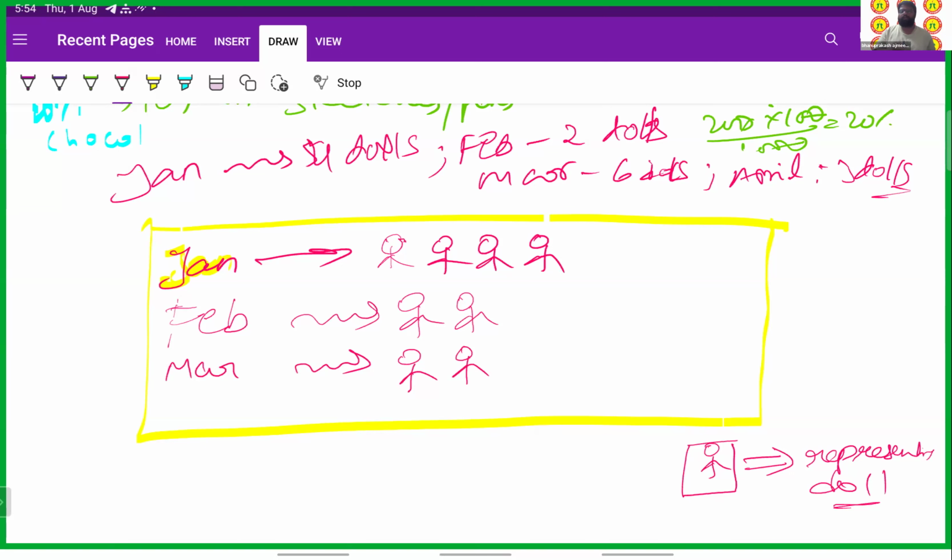In February, he got 40 rupees. In March, he got 120 rupees. In April, he got 60 rupees. So here each doll costs how much? 20 rupees. So you have to proceed only as per the data given.